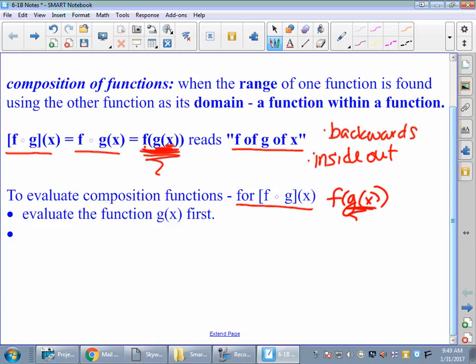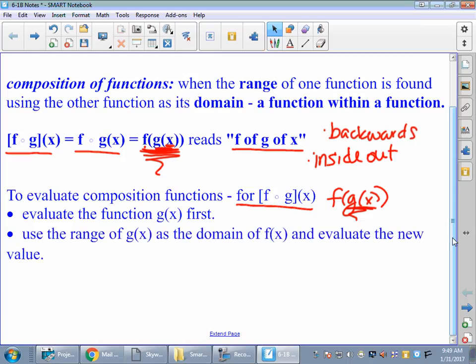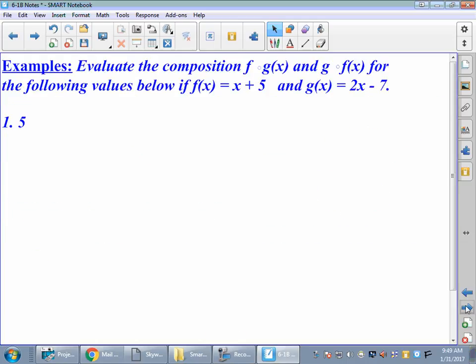So you'd work through this function first, then work through the f of x function. It's not always that g is first, it's just the order in which they're listed. So again, I'm referring to the order in which I listed it in those instructions. So the domain would be x. What you get is your range for g of x, and then that range becomes your domain for the f of x. So a little play on words: domain, range, input, output, x and y. They all mean the same thing.